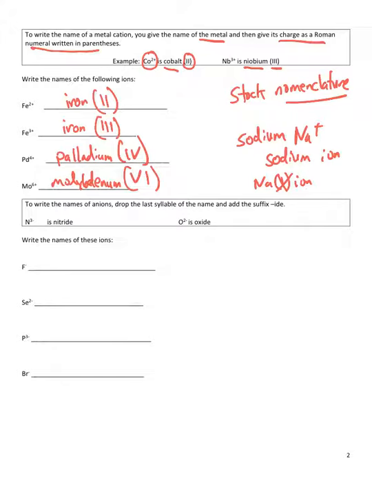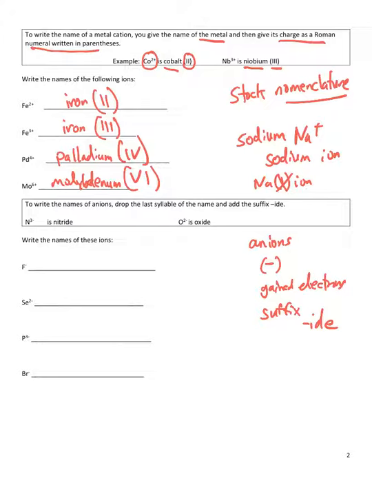When we're naming ions that come from nonmetals, we're going to form anions, because these will have a negative charge because we've gained electrons. So what we're going to do is write the name of the nonmetal, the element, but we're going to use the suffix -ide.